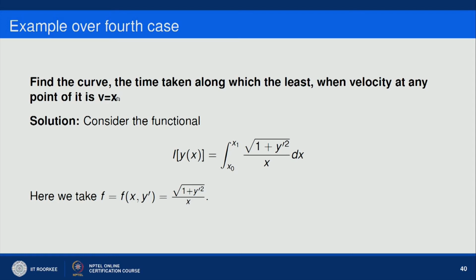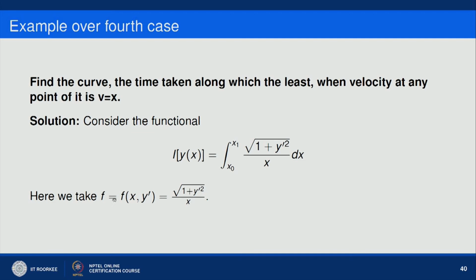So basically what we are trying to do here, this I of y of x is actually calculating time, because if you look at the right hand side, this under root 1 plus y dash square dx is nothing but ds. So we can say that I of y of x is equal to the integral from x0 to x1 of ds by velocity. So ds by velocity is nothing but time calculated from x0 to x1. So it means that this functional is nothing but the time taken along which your particle is moving with the velocity v equal to x.